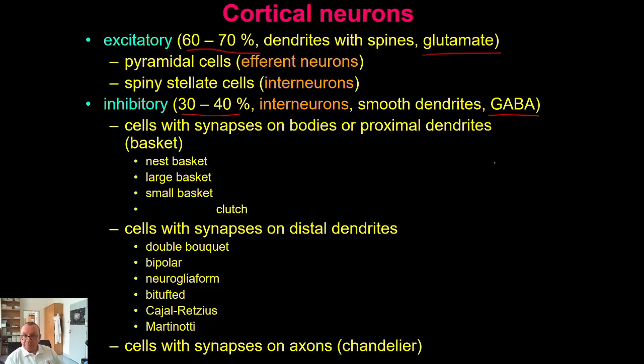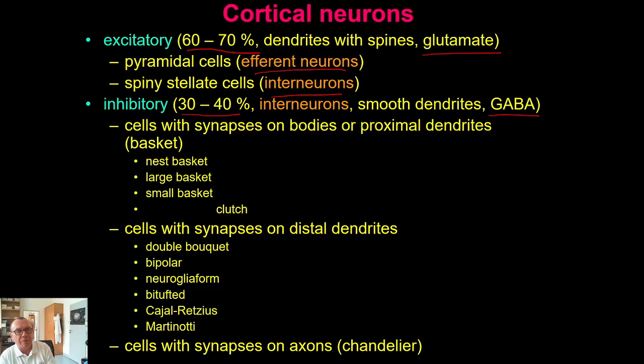The second classification of cortical neurons is efferent neurons and interneurons. It is very similar, as you know, from the spinal cord. Efferent neurons are neurons sending their axons to some very distant areas.